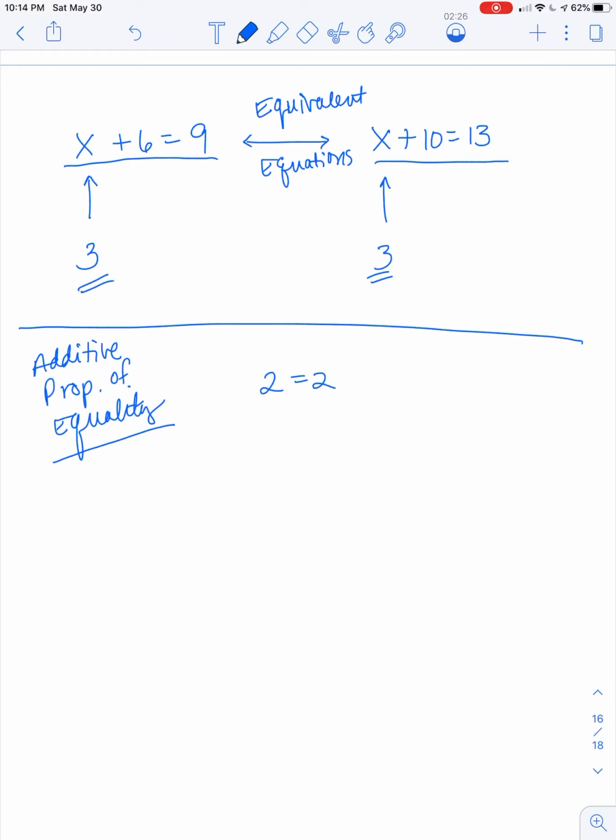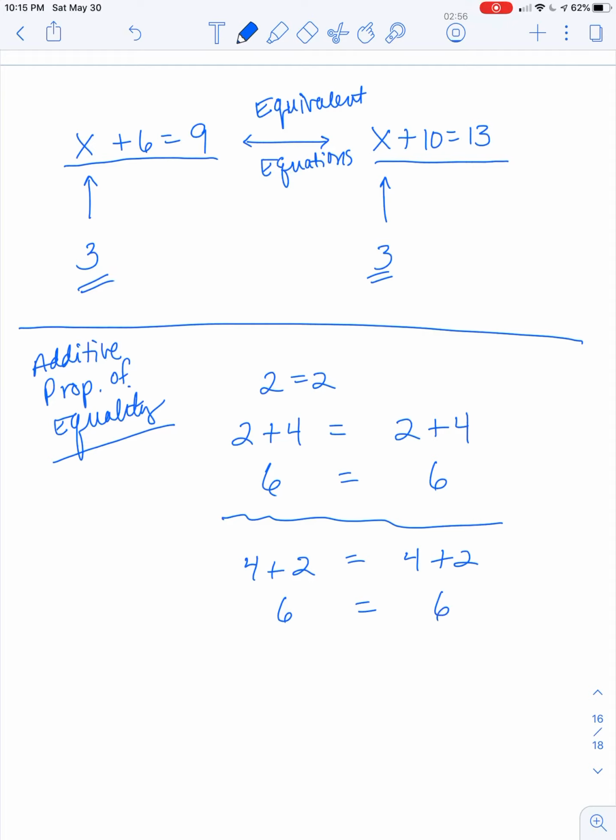That equation shows that 2 is equal to 2, and we know that's a true statement. Now, if I took this 2, and on both sides of it, I add 4 to it, I now have 6 equals 6. And it wouldn't matter if I added the 4 to the 2 or if I added the 4 before the 2. Either combination there makes a true statement. 6 is actually equal to 6.